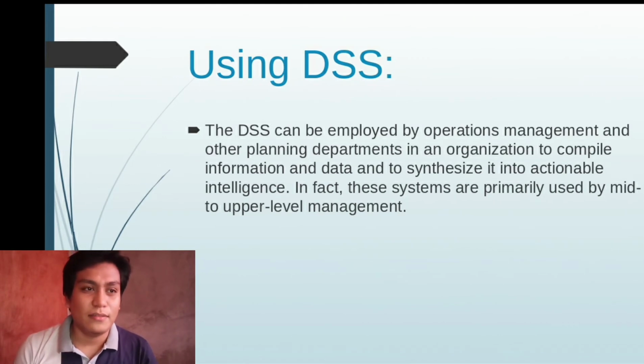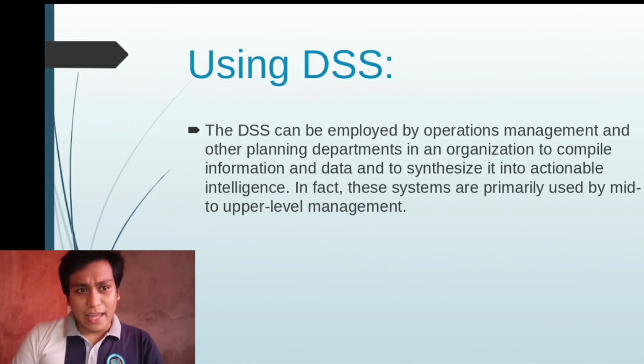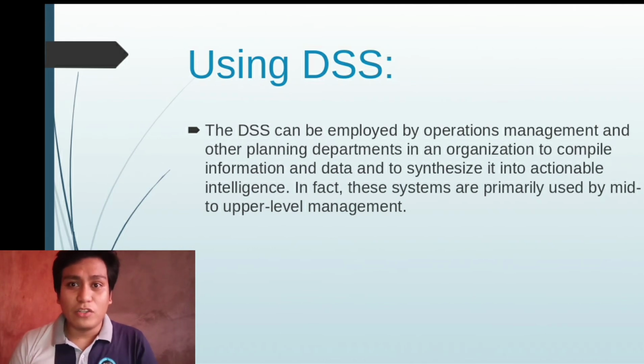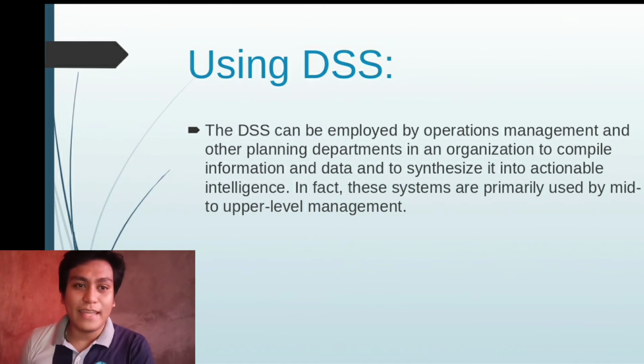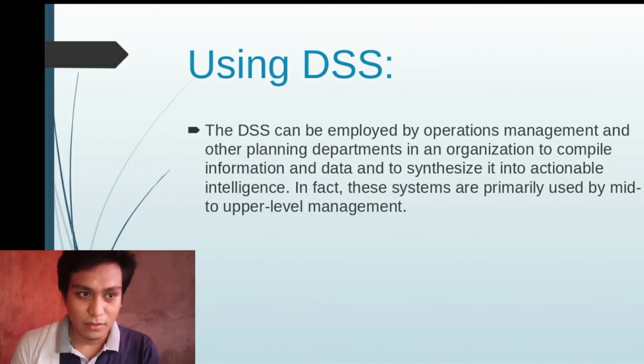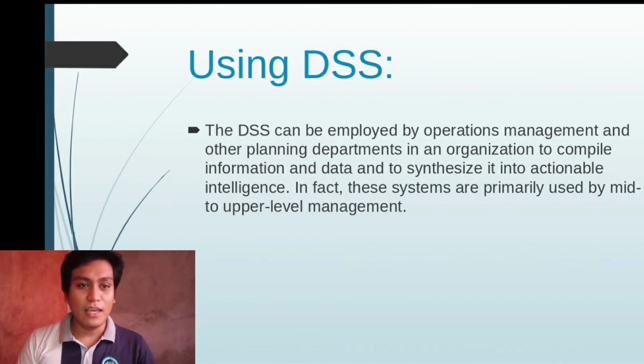Using DSS. The DSS can be employed by operations management and other planning departments in an organization to compile information and data and to synthesize it into actionable intelligence. In fact, these systems are primarily used by mid to upper level management.